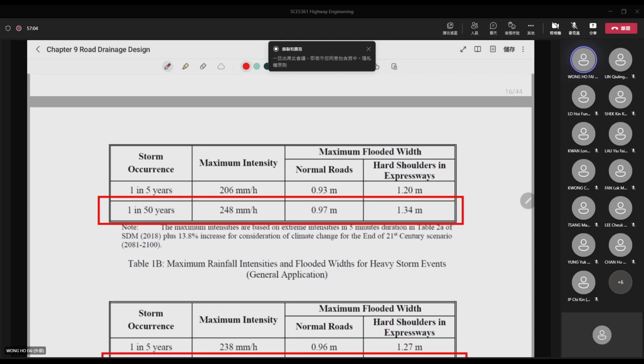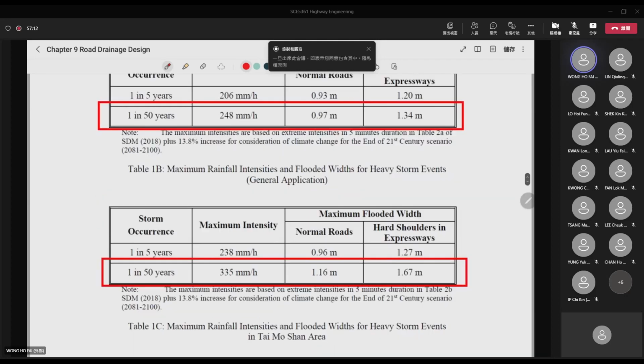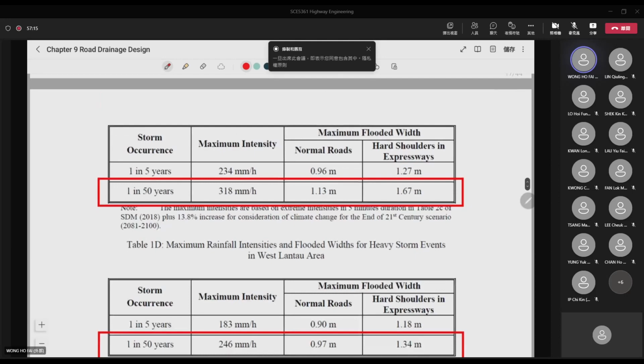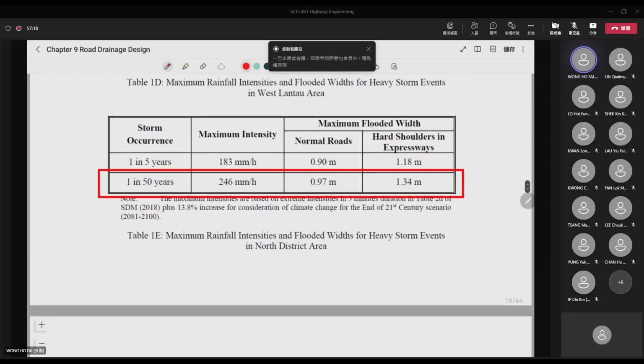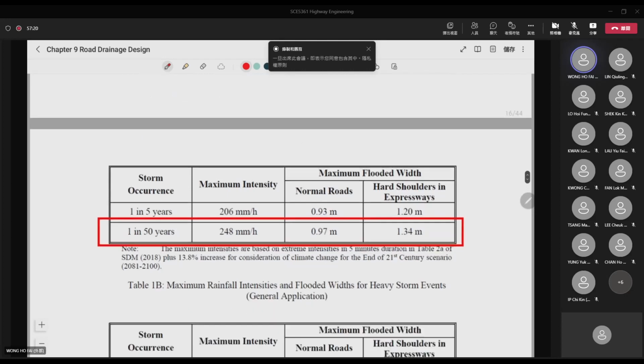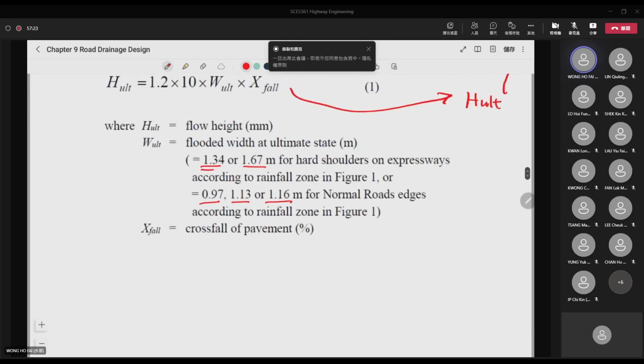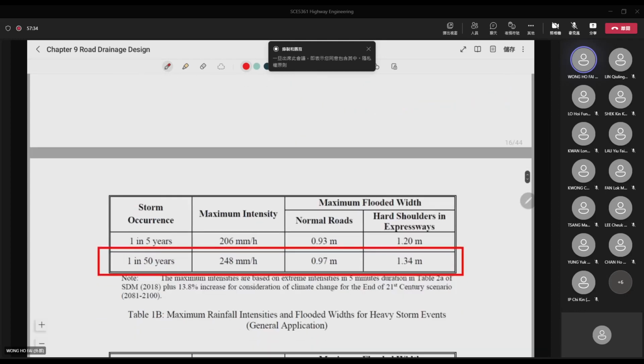You have the general application area, the Tai Mo Shan area, the West Lantau Island area, and the North District area. So you may have 1.34 or 1.67 for the expressway, and 0.97, 1.13 or 1.16 on the normal road. So we will choose 1 in 50 or 1 in 70 years here. It depends on the location.